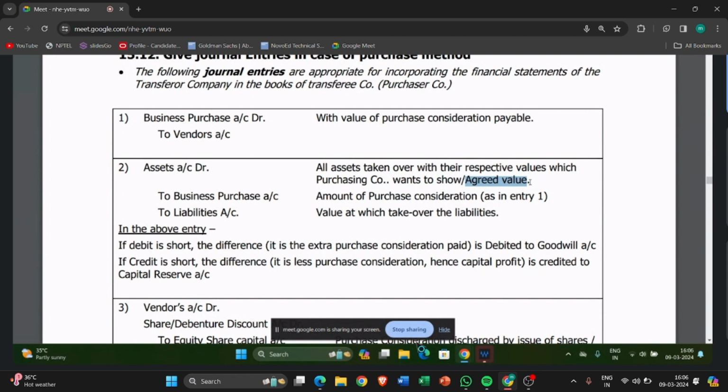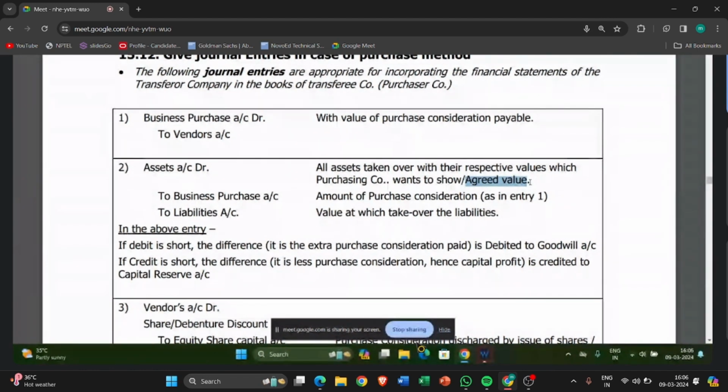I will not take your balance sheet value, but I will take the revalued agreed value which I have found correct. I will record it at that value itself because it is a takeover. And when it is a takeover, the transferee will write and take over. It has all the choice and all the freedom.